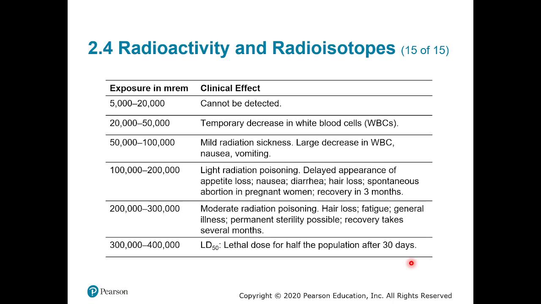It'll become a little bit harder for you to fight off infections usually. 50,000 to 100,000 is going to be mild radiation sickness. This is going to be a very large decrease in white blood cells, nausea, vomiting. This is what you probably have heard about in terms of treating cancer with radiation exposure. Anybody ever heard of that? Yeah. So these are the sort of doses we're riding along.